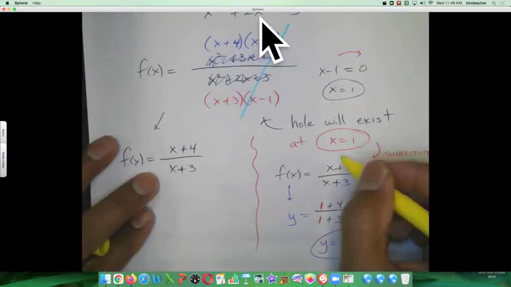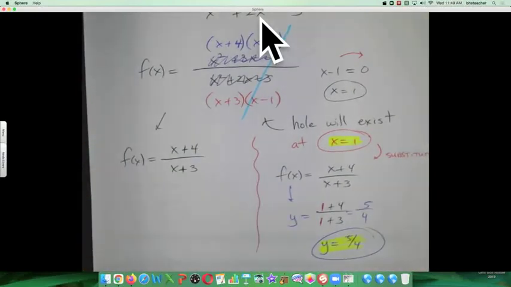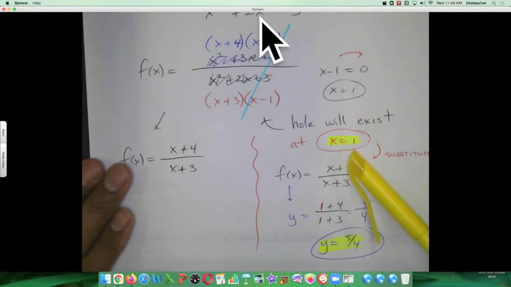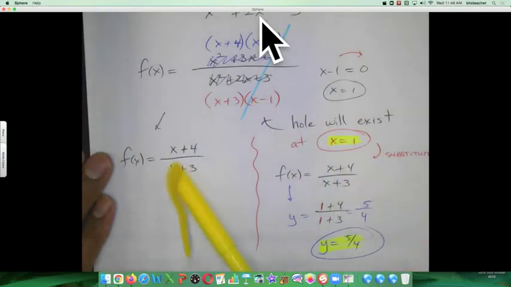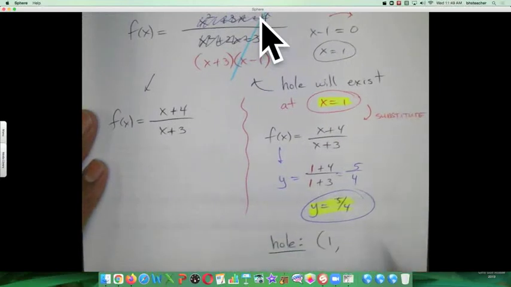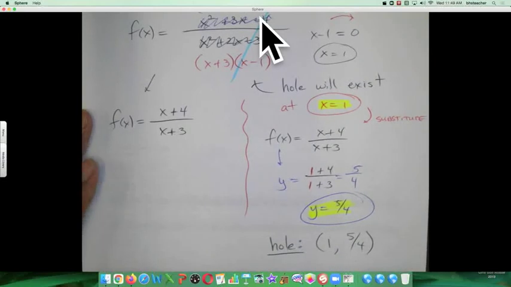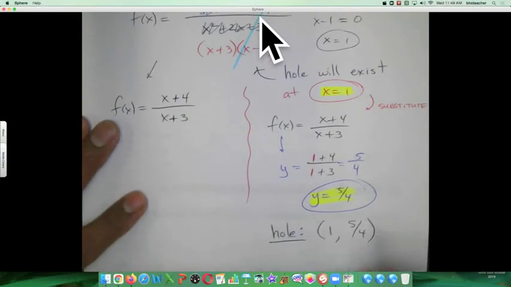So make sure you get that first before you move on to everything else. You got the x coordinate, substitute it in here, and you get the y coordinate. So the hole will be at x is 1 and y is 5 over 4. And 5 over 4 is, I think, 1.25.